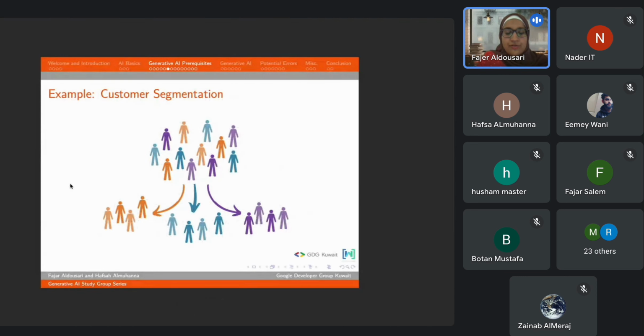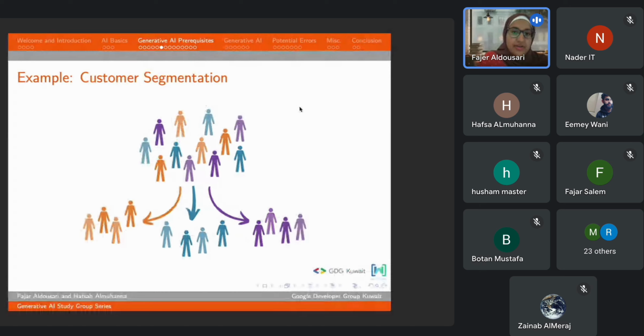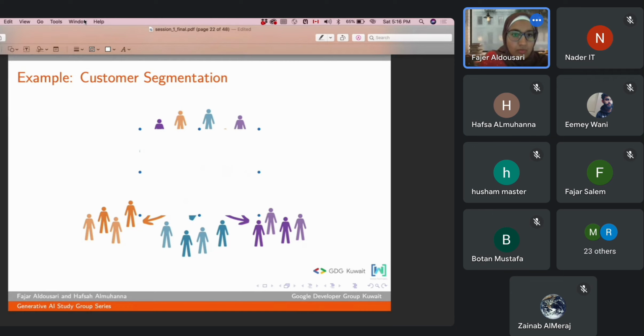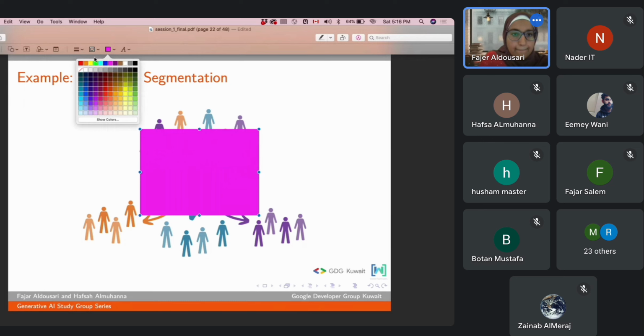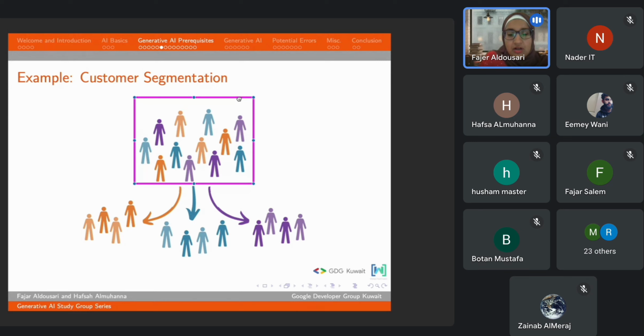An example of an unsupervised learning problem is something like customer segmentation. That's quite interesting because, as you can see, suppose those are a set of customers from a website or a blog or whatever.